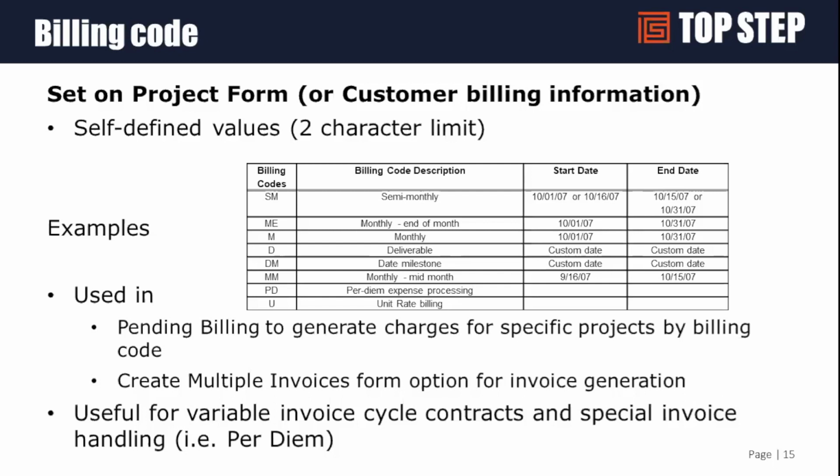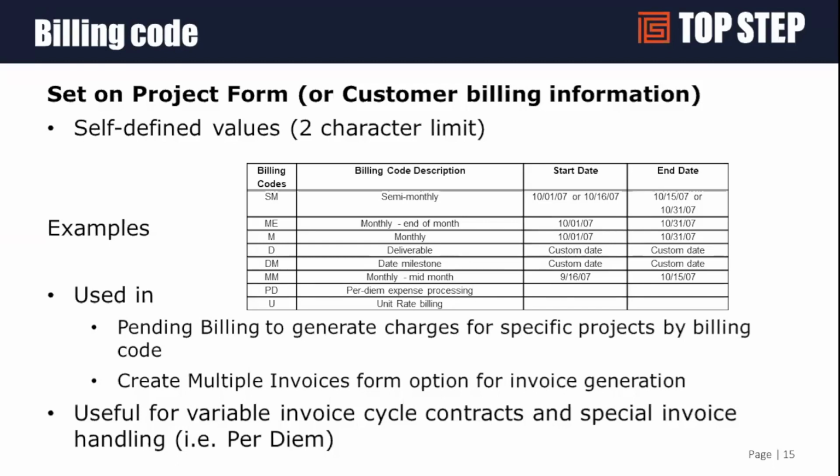And then when you go to run your billing rules with the pending billing report, or create invoices with the multi-invoice layout, or even run regular reports, you can say only pull projects that have billing code M for monthly, because I'm running my monthly invoices, or D for daily, or A for annual. So it's up to you. There are examples here on the screen, but it allows you to identify a set of projects without having to create a custom field that has to be set.